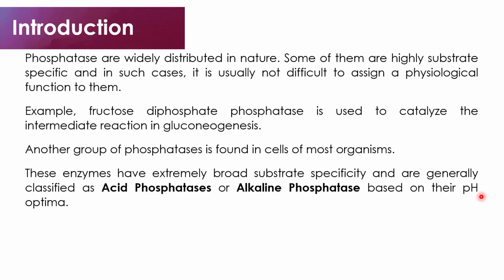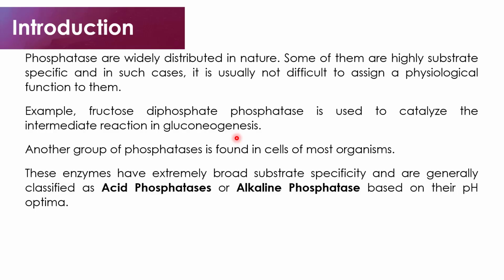What you also have to note is that phosphatases are widely distributed in nature. Some of them are highly substrate specific, and in such cases it is usually not difficult to assign a physiological function to them. An example is fructose diphosphatase, which is used to catalyze the intermediate reaction in gluconeogenesis.